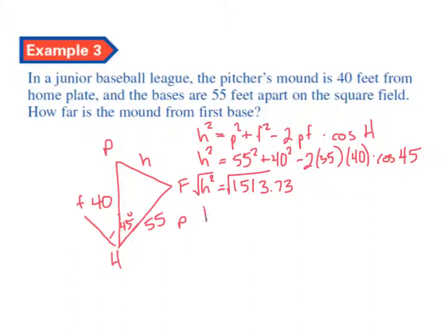I'm just going to use the positive square root again because, as I mentioned earlier, negative distances don't really make sense in this application. So I take the square root of 1,513, put that in my calculator, and I get 38.9 feet. That is the distance from the pitcher's mound to first base.